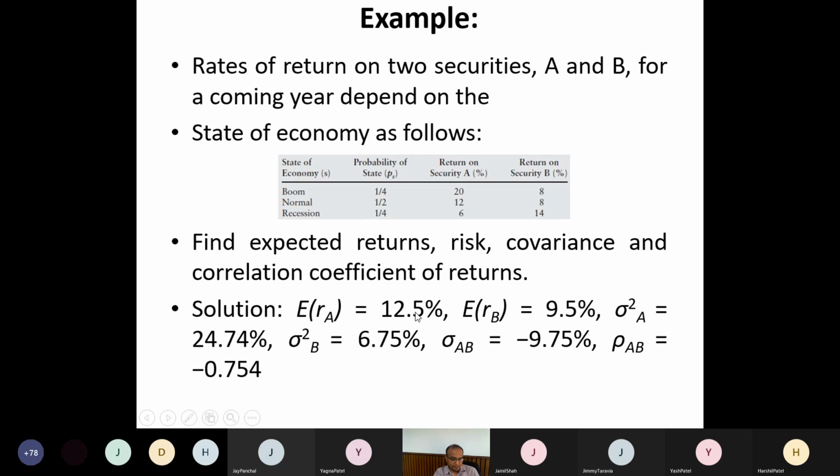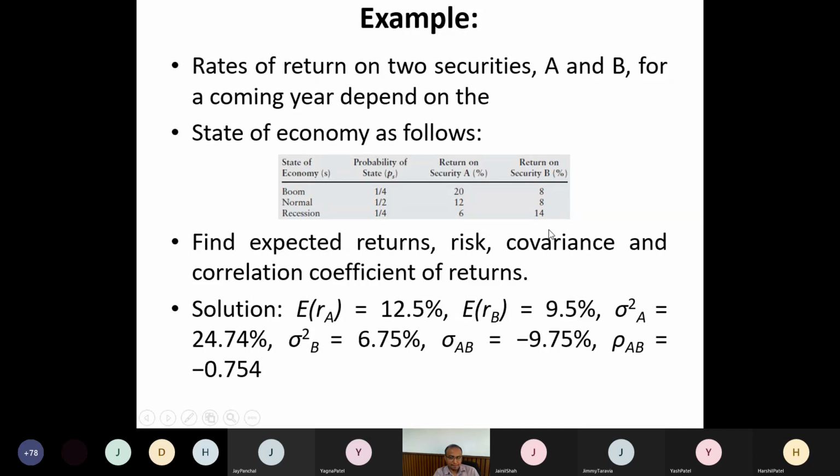You can see the return on security A is higher, but the risk associated with security A is also higher. The return associated with security B is lower, and the risk associated with security B is also lower. So high risk, high return. And you can see the negative correlation. Why is there a negative correlation?